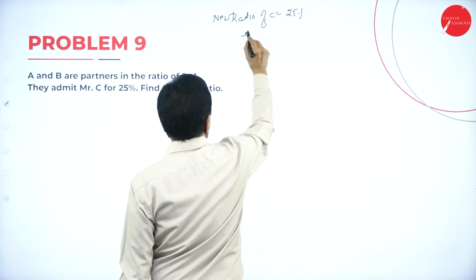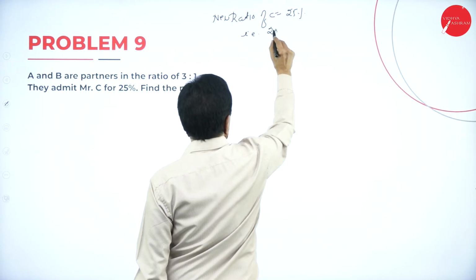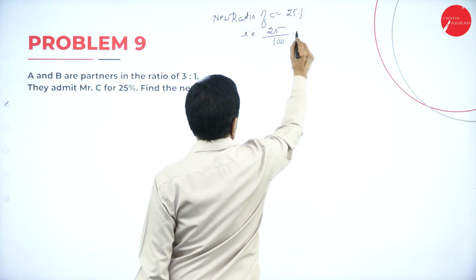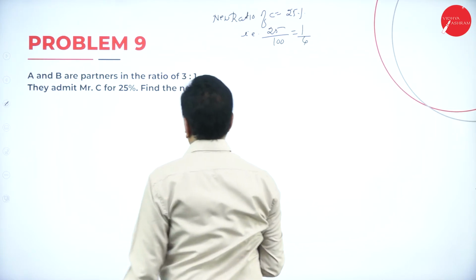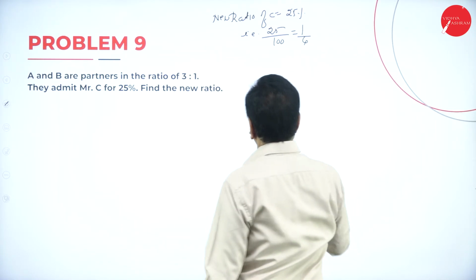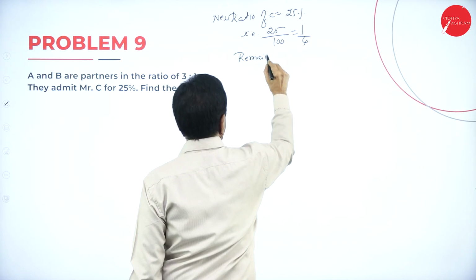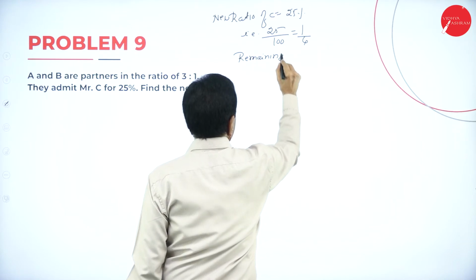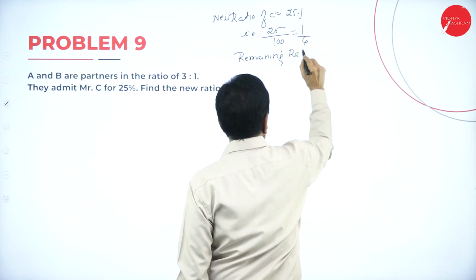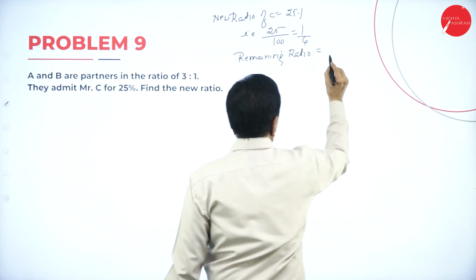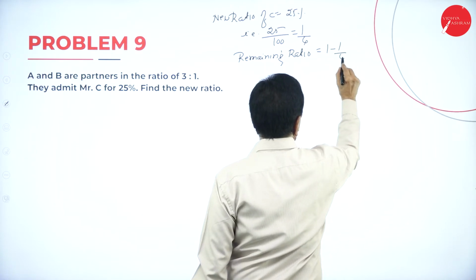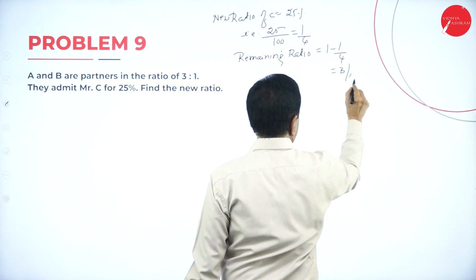That is 25 divided by 100. This is 1/4. So remaining ratio, 1 minus 1/4 is equal to 3/4.